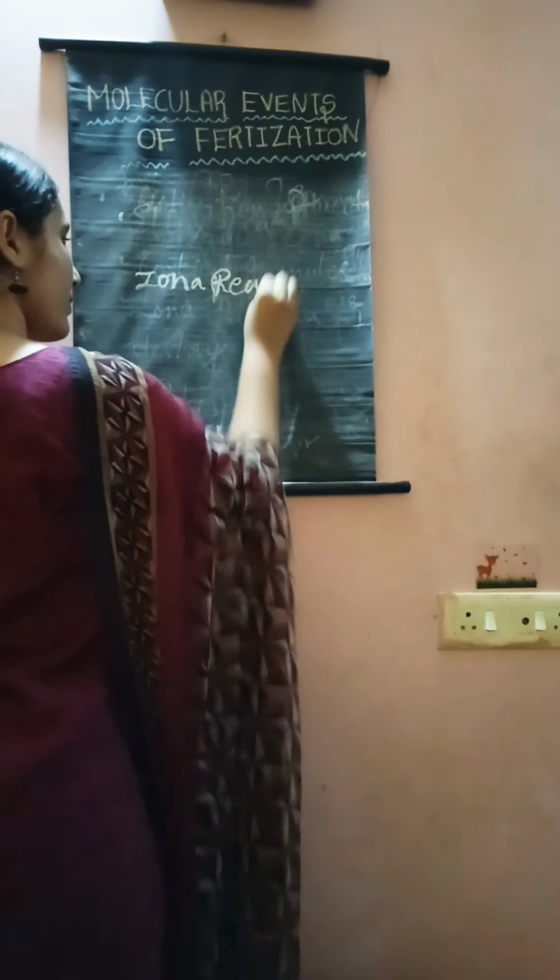Then after this comes the zona reaction. Zona reaction means hardening of the zona pellucida membrane. So far, the zona pellucida membrane was permeable to sperm because the cell has to undergo fertilization.